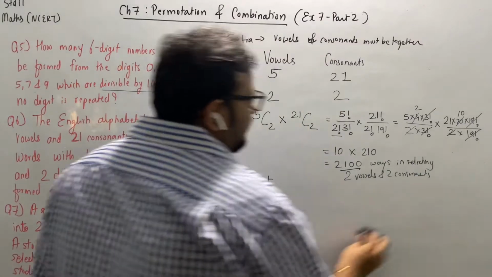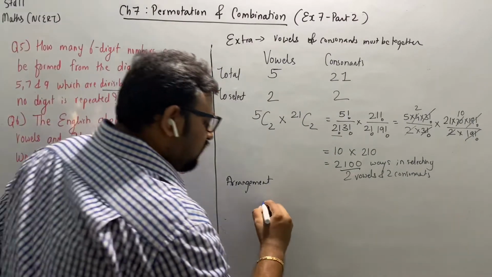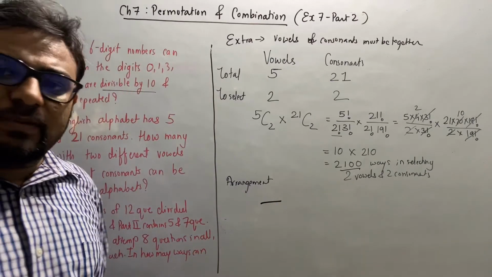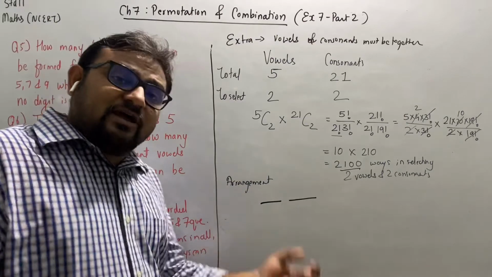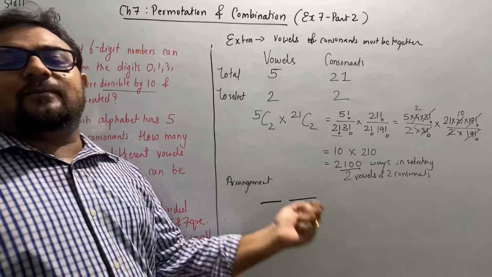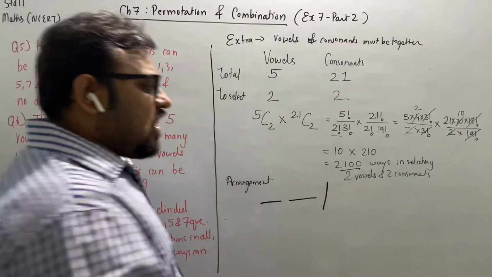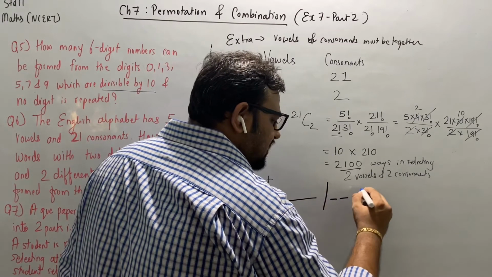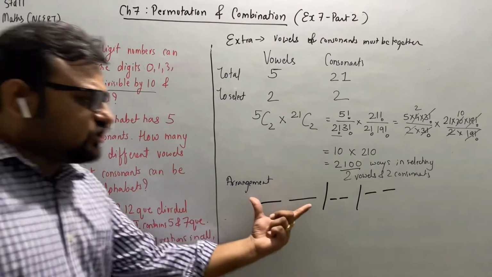What I can do, I can take one place for vowels and one place for consonants. In one place I will put both the vowels and in one place I will put both the consonants, right? And there are two vowels, how will they arrange, and there are two consonants, how will they arrange.